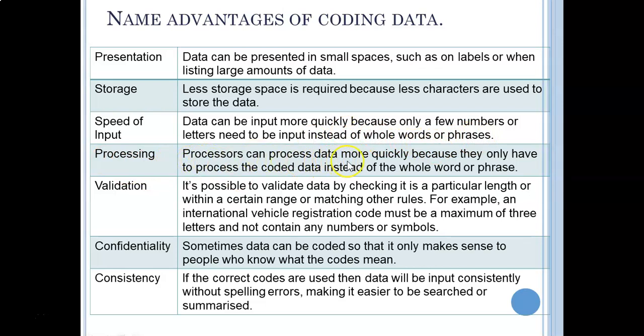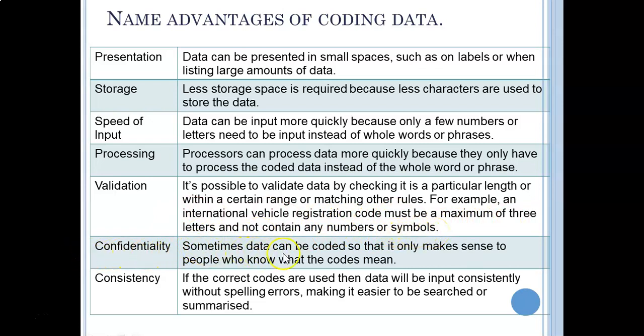Processing: processors can process data more quickly because they only have to process the coded data instead of the whole word or phrase. Validation: it's possible to validate data by checking it is a particular length or within a certain range or matching other rules. For example, an International Vehicle Registration Code must be a maximum of 3 letters and not contain any numbers or symbols.